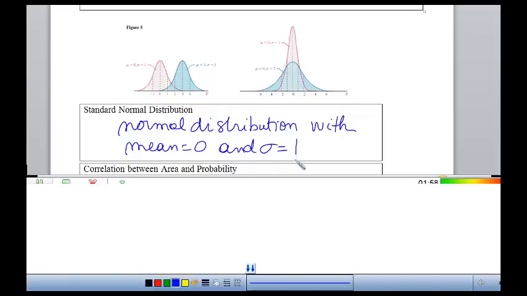When we talk about the standard normal distribution, we're talking about a normal distribution that has a mean of 0 and a standard deviation of 1. And you might think, well, how often do you incur that? Well, probably not a lot in a natural setting, but we're going to talk about how we can transform any normal distribution to be a standard normal distribution. We'll talk about that later.